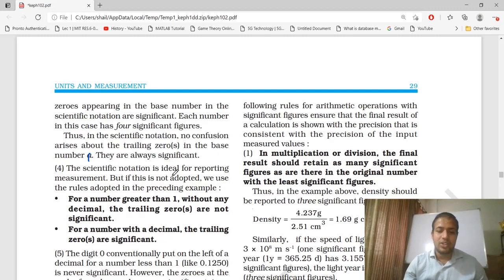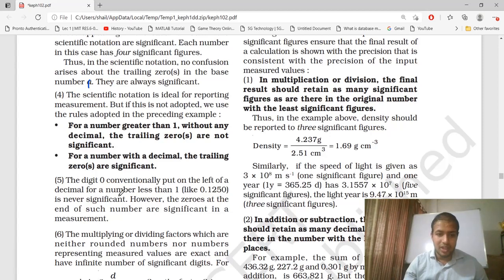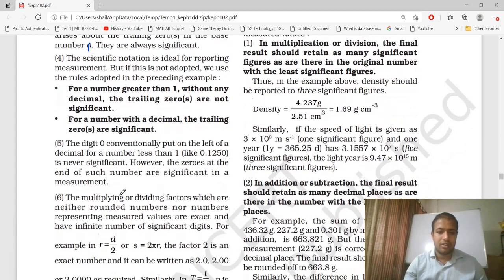The scientific notation is ideal for reporting measurements, but if this is not adopted, we use the rules adopted in the preceding example. For a number greater than 1 without any decimal, the trailing zeros are not significant. For numbers with a decimal, the trailing zeros are significant.